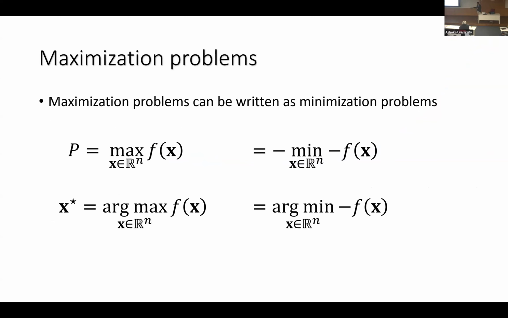And in this case, you just need to put a minus sign here. So the maximization problem can also be written as a minimization, so I don't have to separately deal with maximization problems. I'll only say we have a minimization problem. If you come across a maximization problem, just write it as minimization of minus the objective.